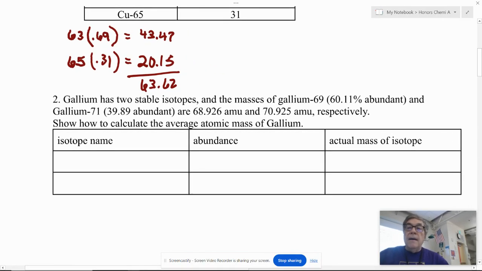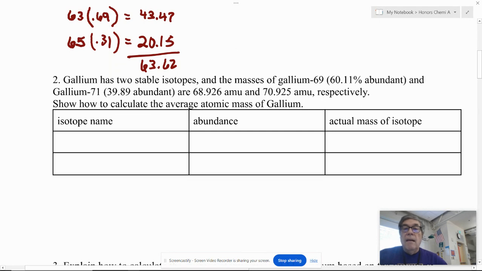So here's another way of looking at this. The isotope name, this is for gallium, and it says we have 2 isotopes of gallium. We have gallium 69, that means it has a mass of 69 atomic mass units, and its abundance is 60.11.